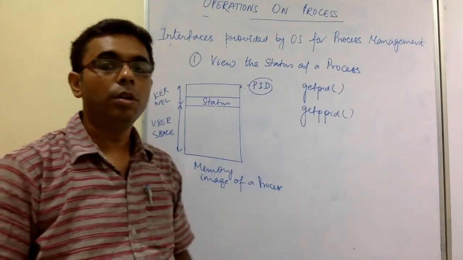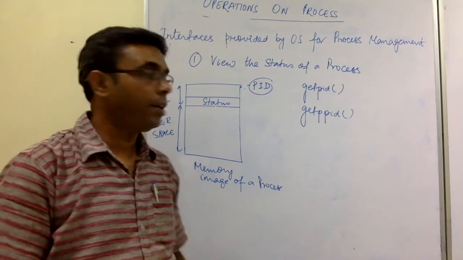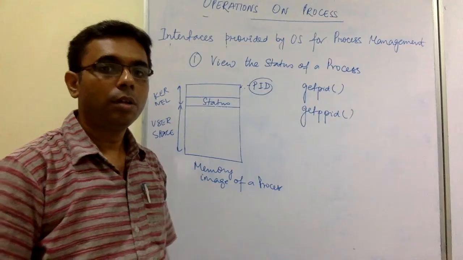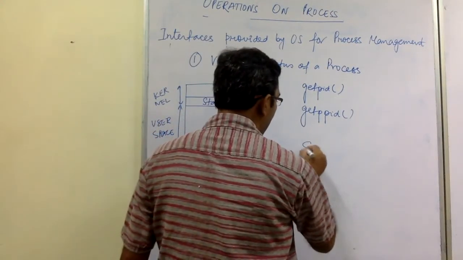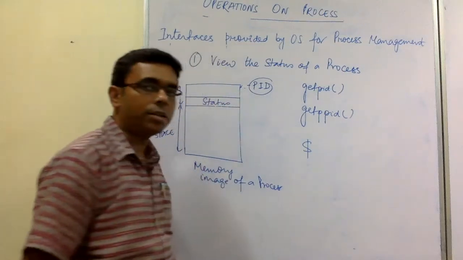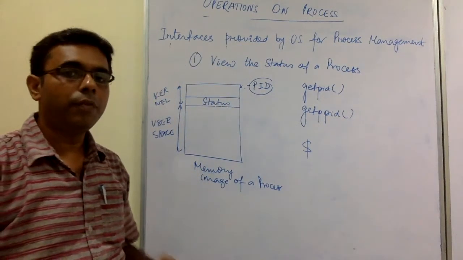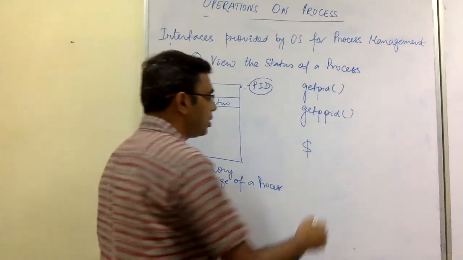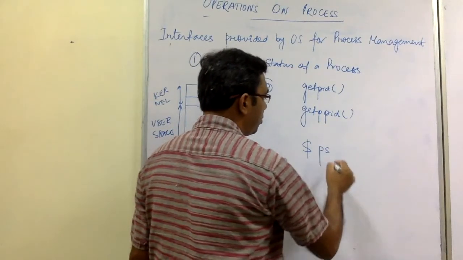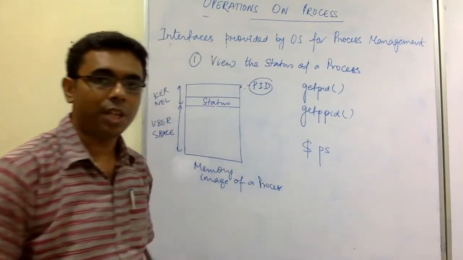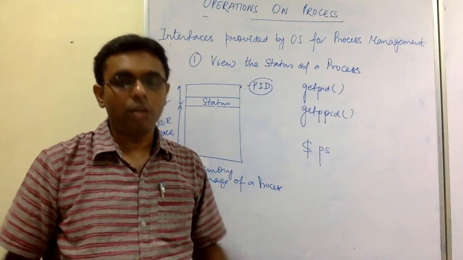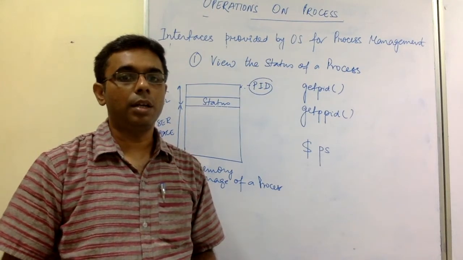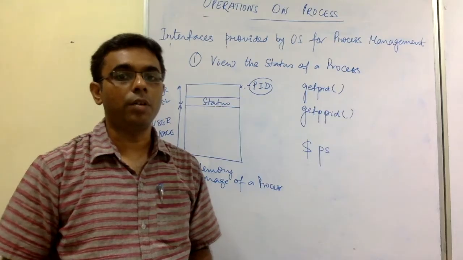That gives you the PID of the parent of this particular process. In addition to that, Linux allows certain commands for viewing different processes. For example, there is a command called ps, process status, that allows you to view the status of all the processes that are currently running on your system.